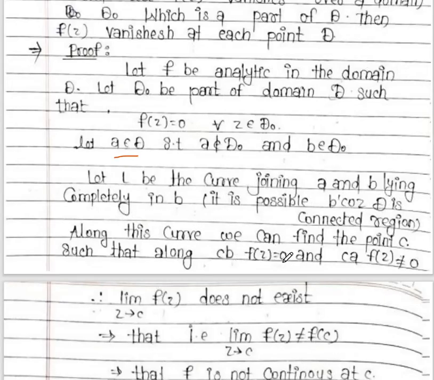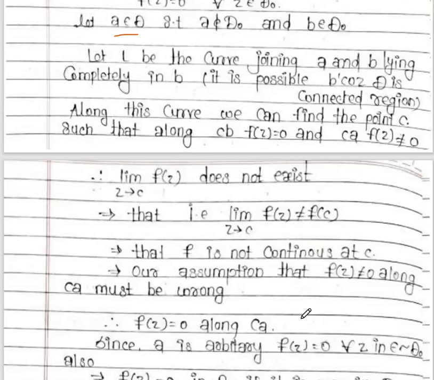Along this curve, we can find the point C such that along CB, f of z equal to 0 and along CA, f of z not equal to 0. So taking limit z tends to C of f of z, we can say that this limit does not exist, which implies that limit z tends to C of f of z is not equal to f of C. So which implies f is not continuous at the point C. Thus our assumption that f of z not equal to 0 along CA must be wrong.